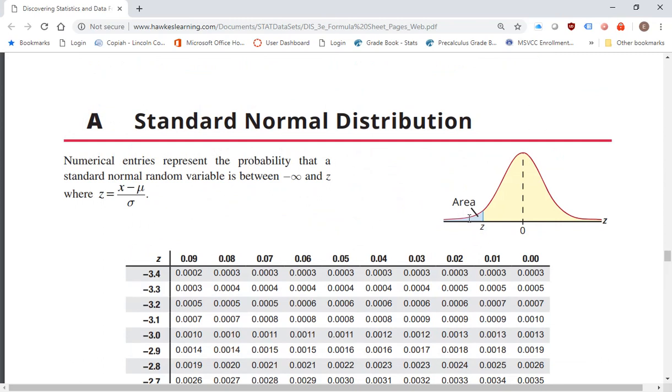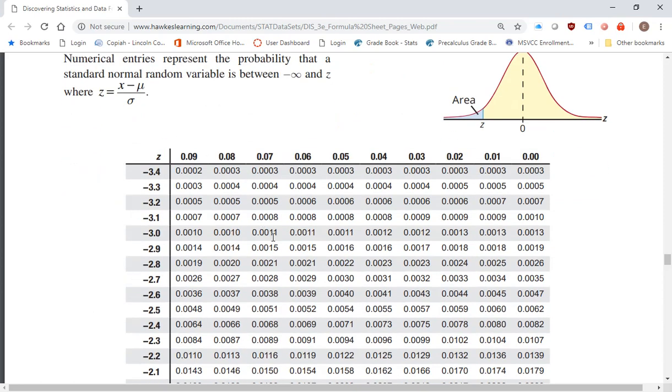It even has this little graphic up here to remind you, hey, this chart is going to give you the area cumulative from the far left all the way till you get to the z-score. And that area corresponds to a probability. That's why we use these. So we want to go to negative 2.40.